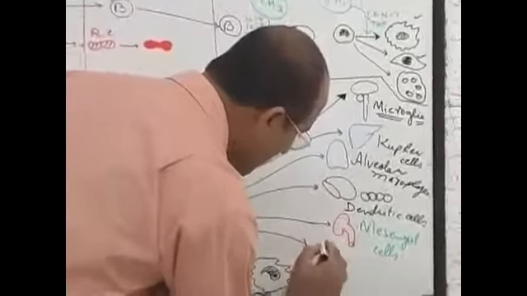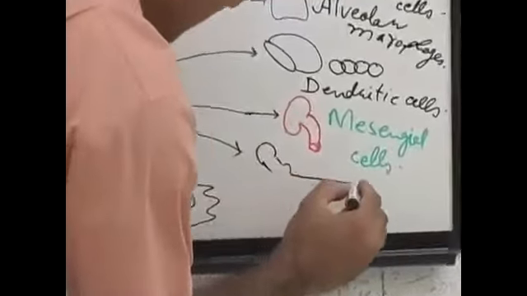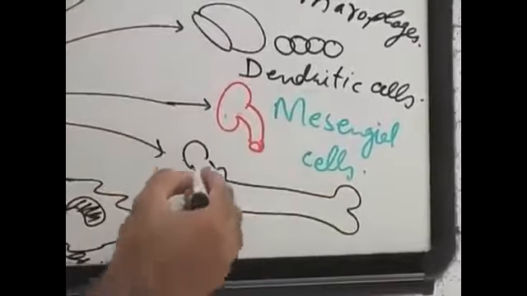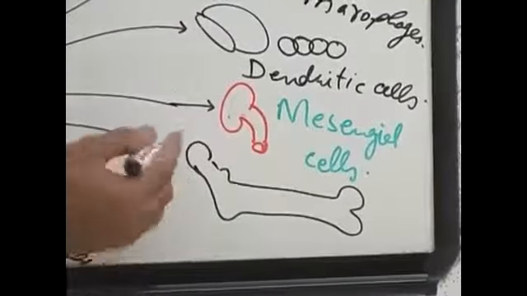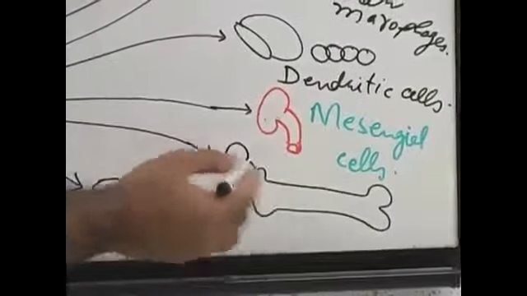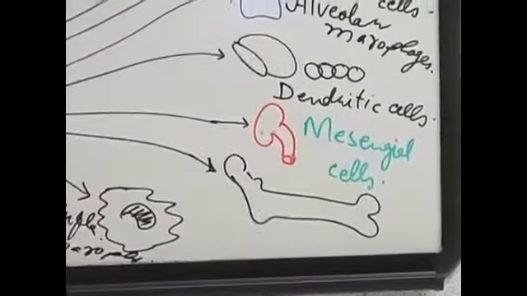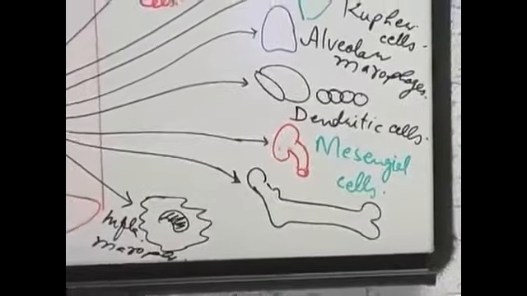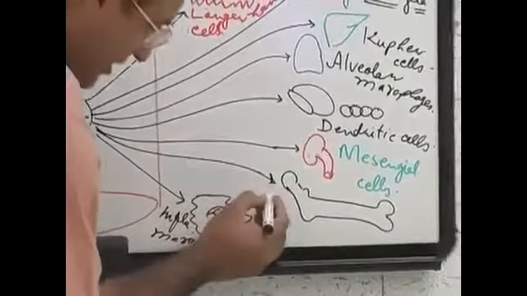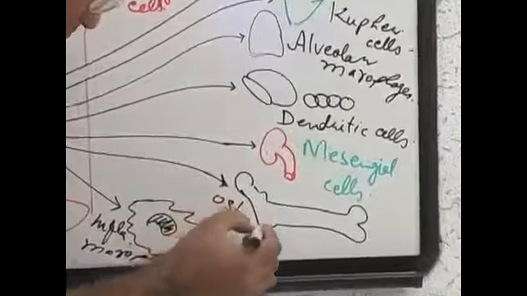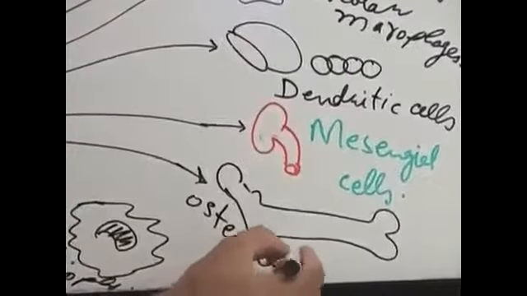Let's suppose this is your femur. Some of the monocytes are permanently resident in bone, and these are called osteoclasts, bone-eating cells.